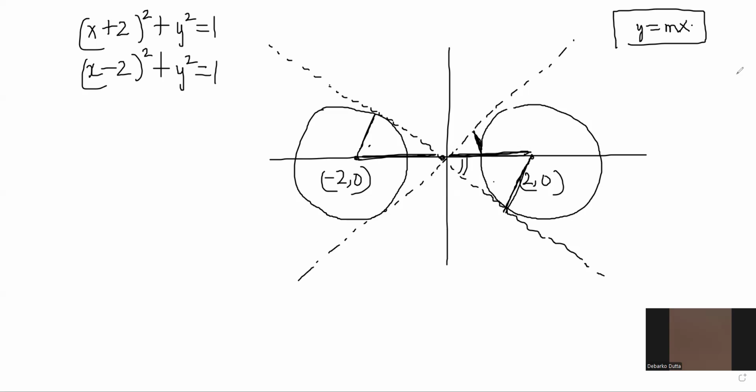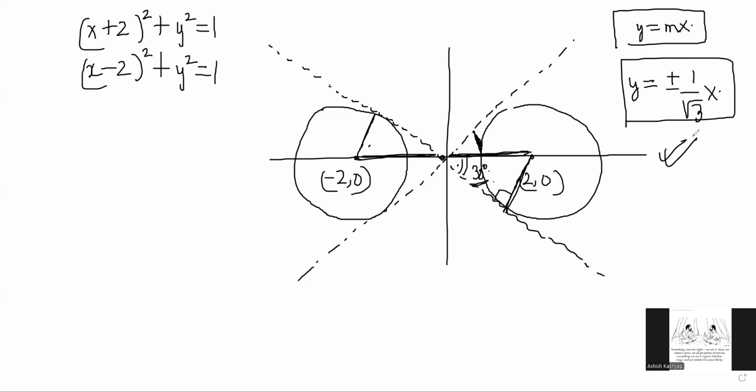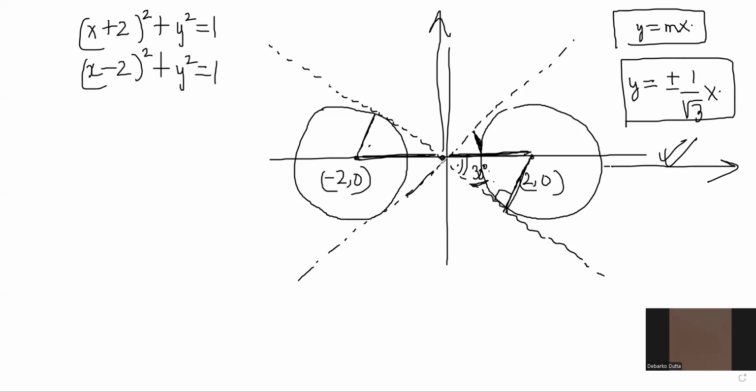Yes, sir. Tan theta is what? So this is 90, this is theta, this is perpendicular, and this is hypotenuse. This angle is 30 degrees, right? Yes, sir. So the tangent equations will be y equals plus minus 1 by root 3 x, right? Yes, sir. Now the angle bisectors of these two will be very easy. One bisector is this, one bisector is this, right? Right. Do you understand why?